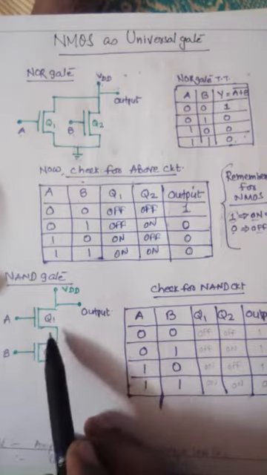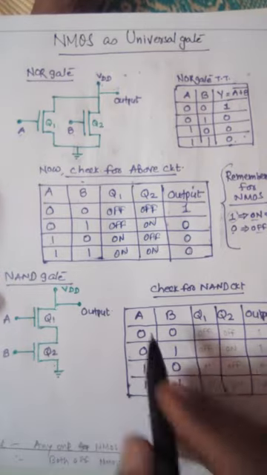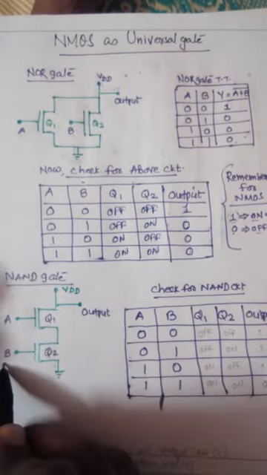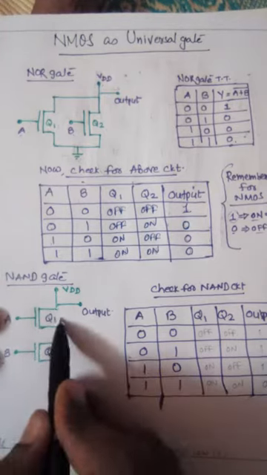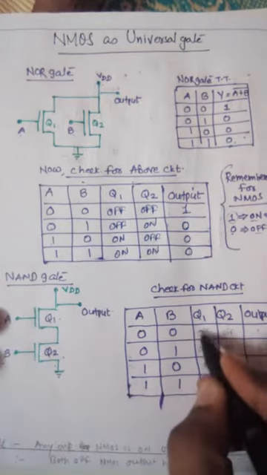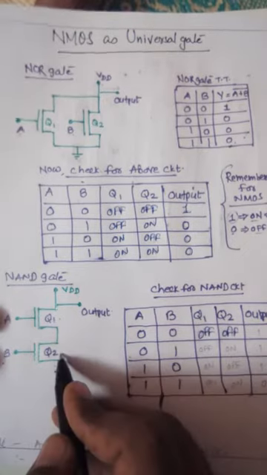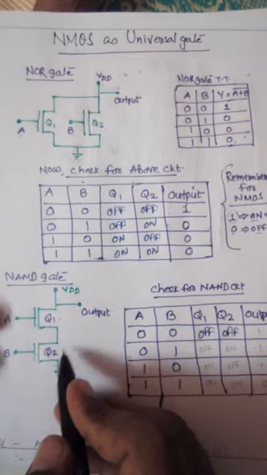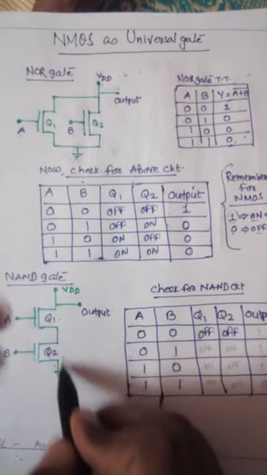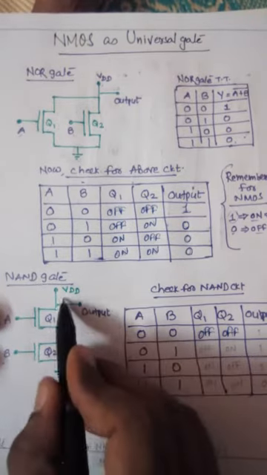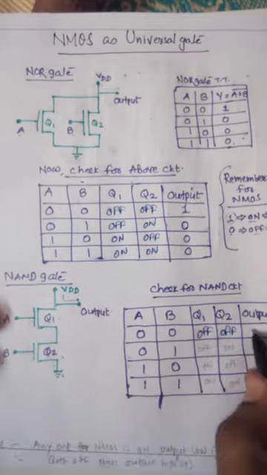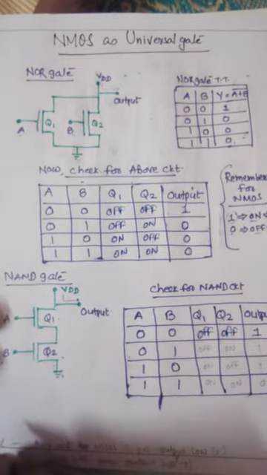Now what happens here? In the same way we check when both inputs are low, so Q1 and Q2 are both off. Both are off, so it's an open circuit. So current cannot go through this way, it goes outside.